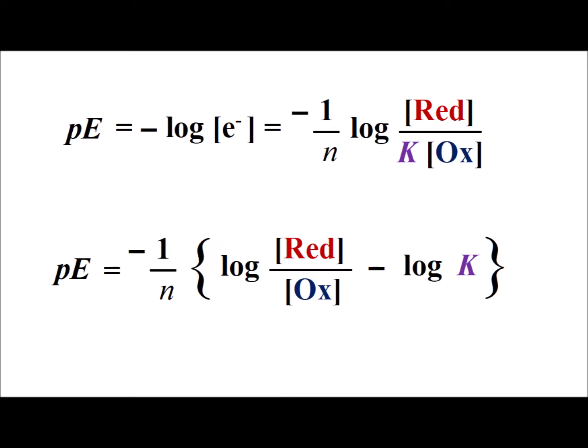We then use the properties of the logarithm to expand our expression into a combination of two terms, one involving the ratio of the reduced form to the oxidized form, and one involving the equilibrium constant K.